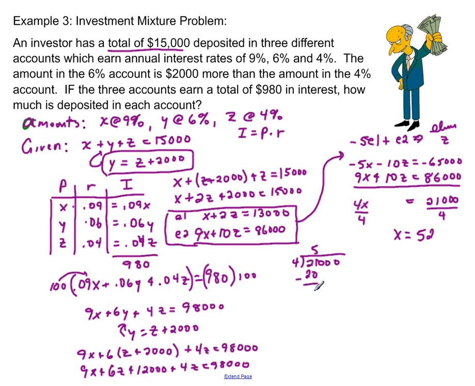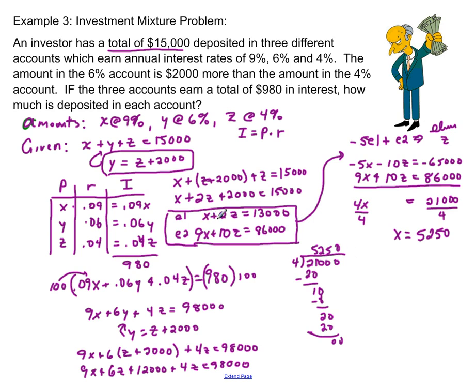Subtract, bring down, we got a 10. That's twice. Subtract the 8. Bring that down. That gives you a 2. 4 goes into 25 times. 5 times 4 gives us 20. Of course, that subtracts away now and gives us 0. Bring down the 0. So we're going to have x equals $5,250 for x.